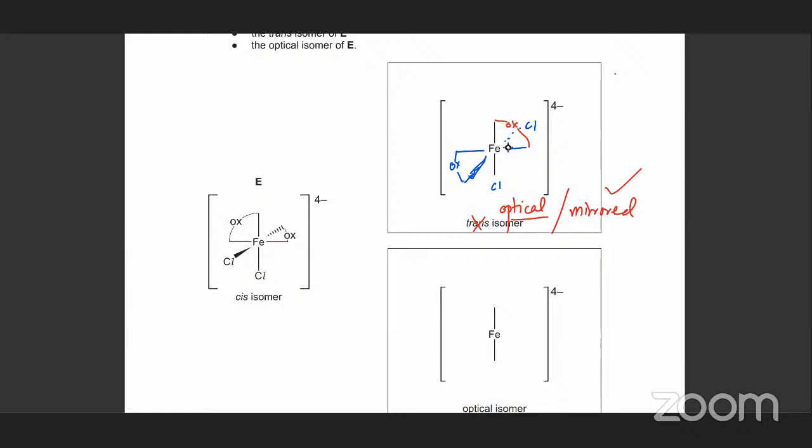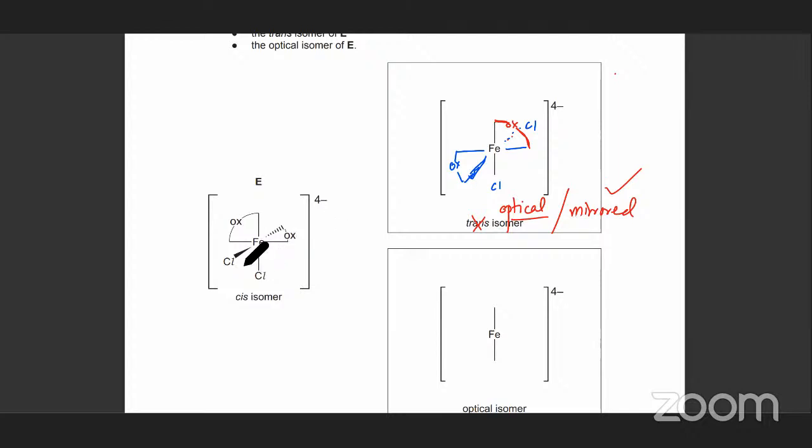Which one? Sir, we're not crossing it. Think of it, I mean, OX is over here. The Cl is the dotted line that's going into the board behind it. So why can't we just draw the exact mirror image, like just flip it over? I mean, that's exactly what we did.